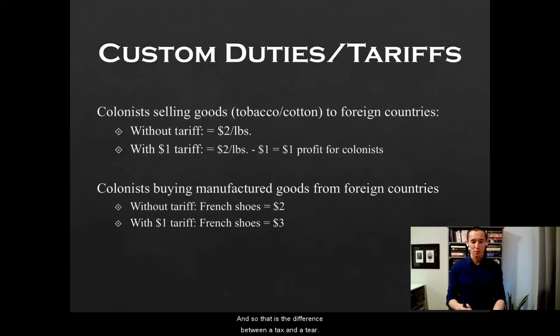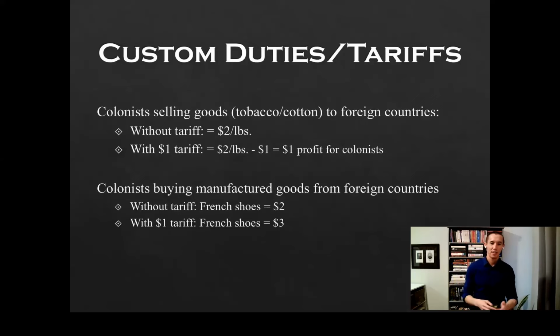And so that is the difference between a tax and a tariff, or a tax and a customs duty. We won't be using them interchangeably, and it'll become clear why in just a minute. So the British, with the Navigation Acts, put on custom duties and tariffs to try to discourage the colonists from trading with foreign countries and to only buy from England.